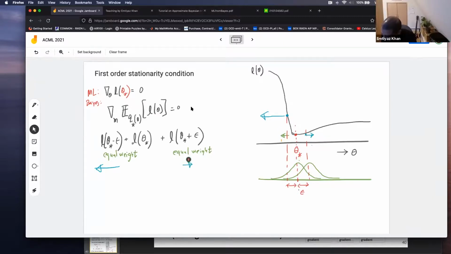But the distribution, I'll show it with green, gives equal weight to both sides. Now, this is not correct because the equation is actually saying that I should be in equilibrium, meaning that the two sides should have the same gradient for them to cancel. I hope you see that this expectation is basically trying to say that on the two sides, the gradient should get canceled.